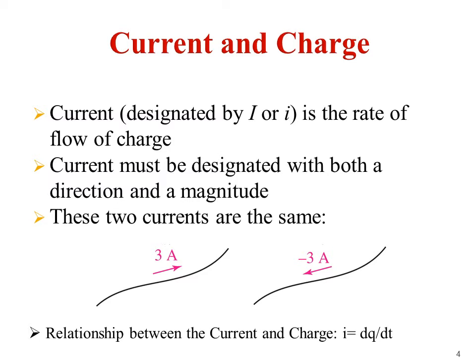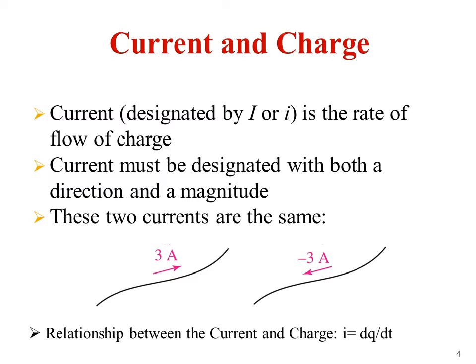The current must be designated with both a direction and a magnitude. In the figure below, observe these two currents, each with a magnitude of 3 amperes. If the direction is upward, it is designated plus 3 amperes.